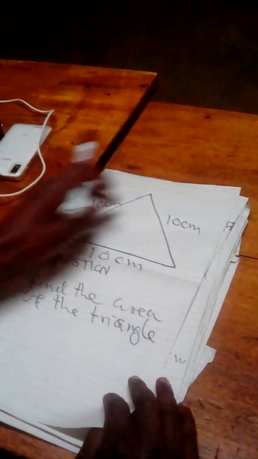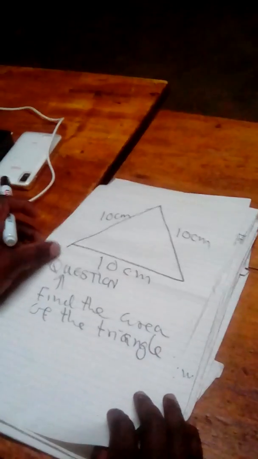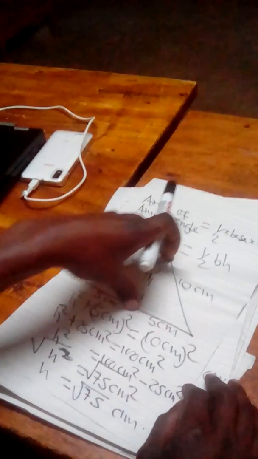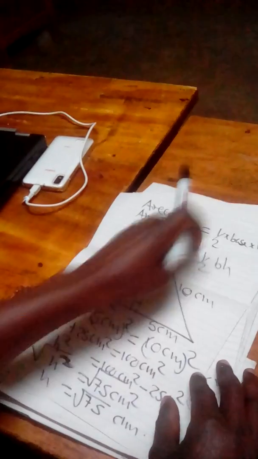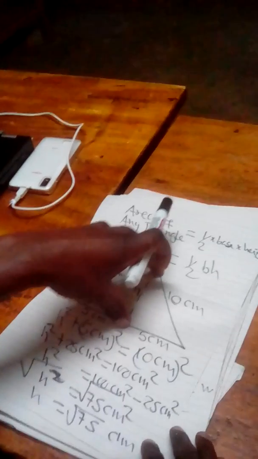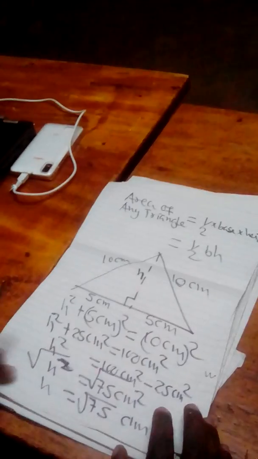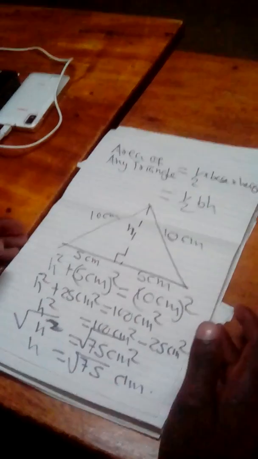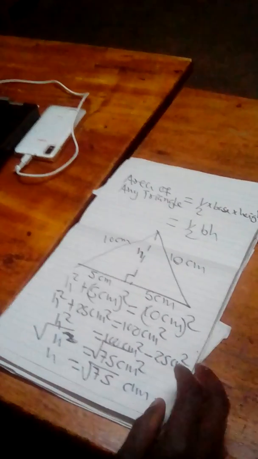You see here, we had no right triangles, but we had to construct a line so that we could get right triangles, whereby we could use one of the triangles to find the unknown distance, this height, so that we could apply this formula to find the area of the triangle. So you should learn how to construct lines whenever they are needed. I hope this short video will help you in the application of the Pythagoras theorem in problems that are in 2D shapes.